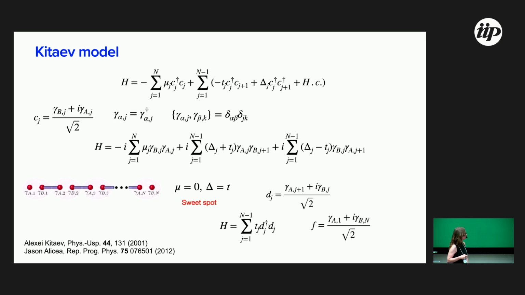If you go back to the fermion annihilation and creation operators, you have this Hamiltonian here, but these two are unpaired, and you can write them as a fermion, but this fermion doesn't appear in the Hamiltonian, so it has zero energy. It doesn't cost anything to add this fermion or not to the system. So then you have the degeneracy of the ground state.